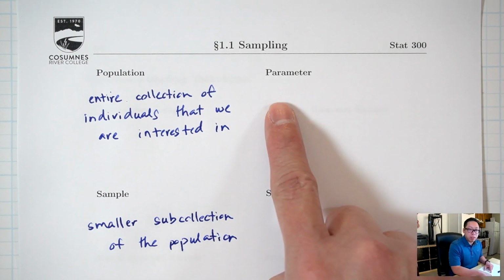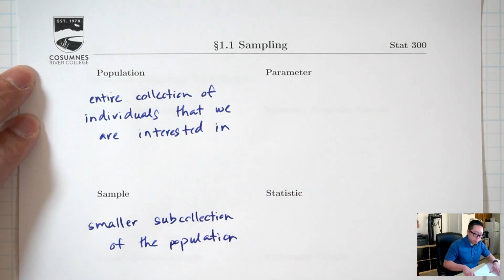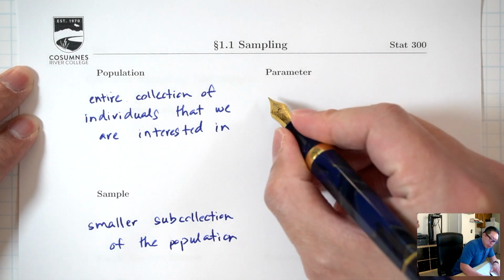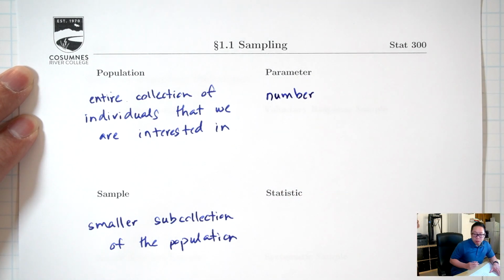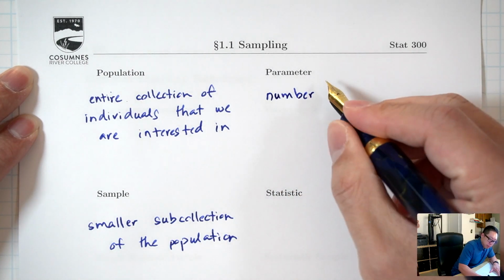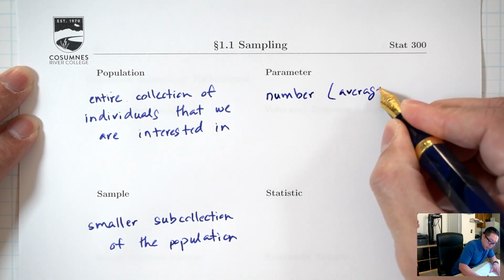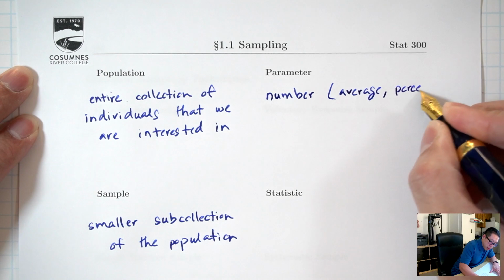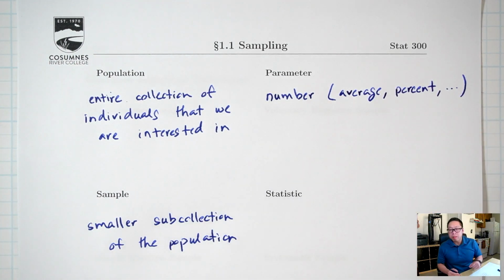If you calculate the percent or the average from asking everybody in the population, it's called a parameter. So a parameter is a number. And when I say number, think average or percent. And then there'll be other numbers we can calculate that we'll talk about later on in the class.